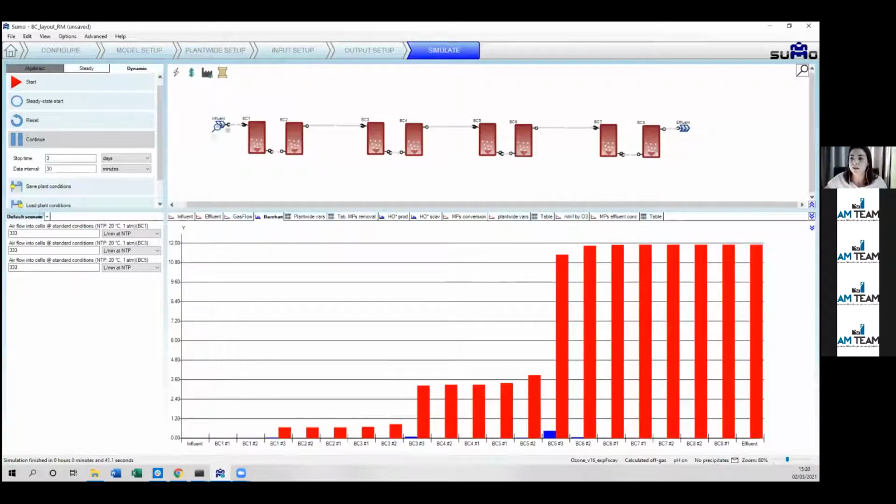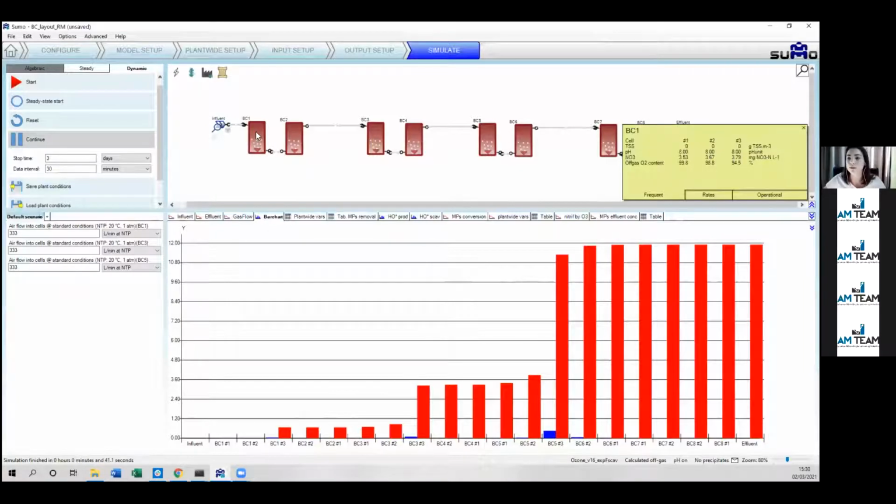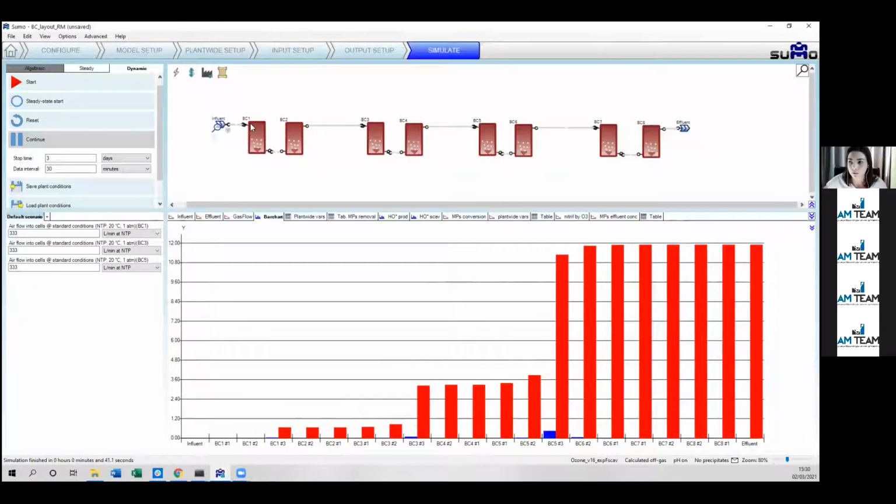So summarizing a bit, in the first simulation, we dosed everything in the first bubble column and we got 16.8 micrograms per liter. In the second simulation, we dosed 50% of the gas flow in the first one and 50% in the third one, and we got a bromate concentration of 14.3.